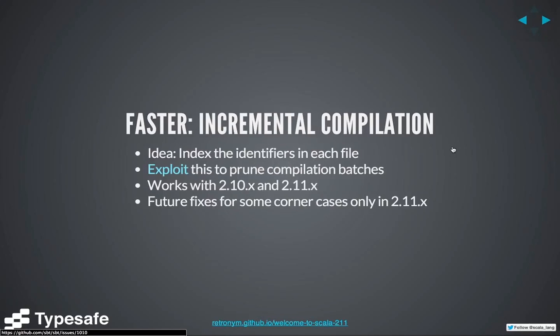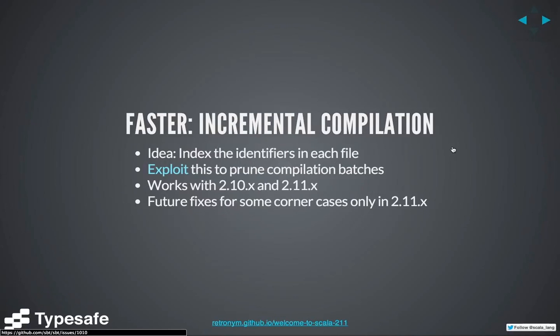One of the big areas where people ask us to invest is in making the compiler itself faster. We've got a two-pronged approach to that. The first approach which we've been taking is, rather than making the compiler itself faster, to compile fewer files. So Grzegorz Kozakowski has been leading that effort over the last 18 months or so to improve the incremental compiler.